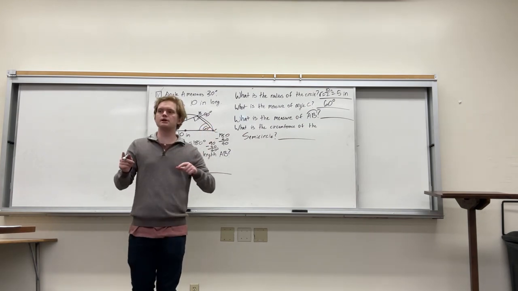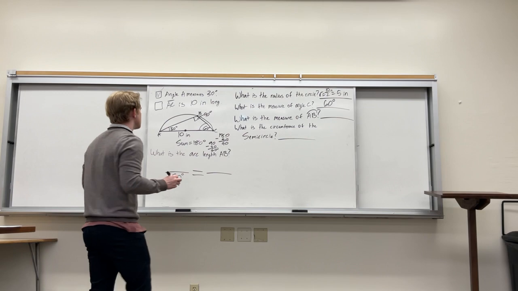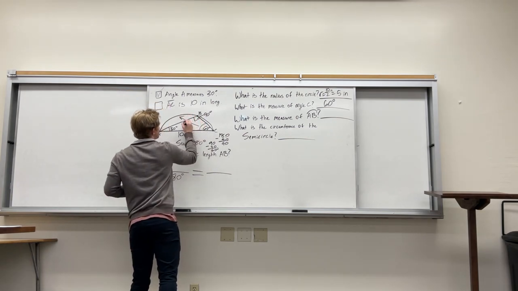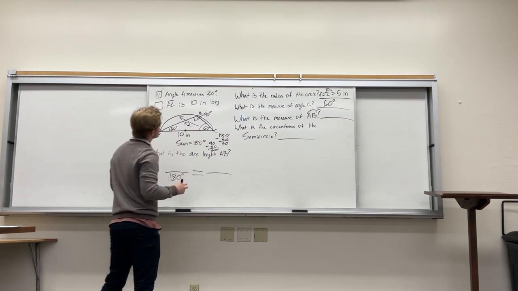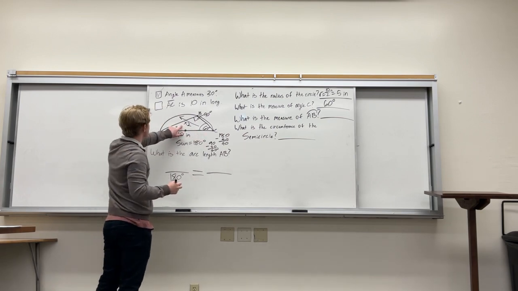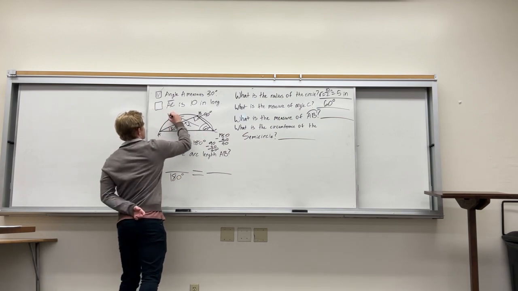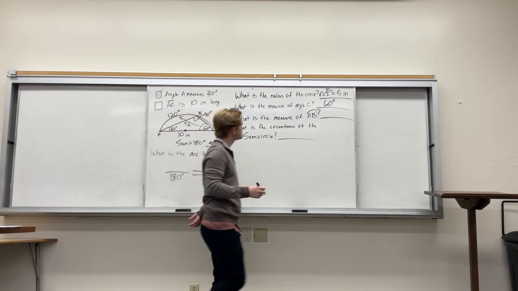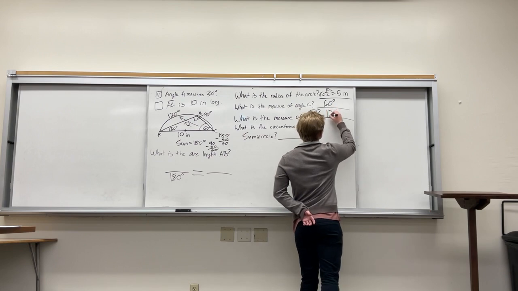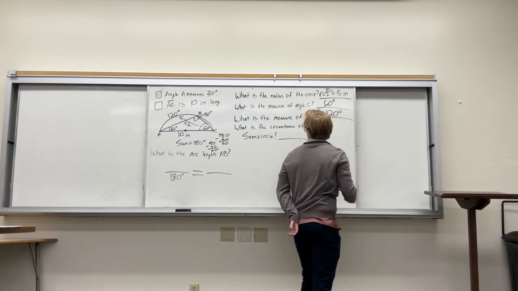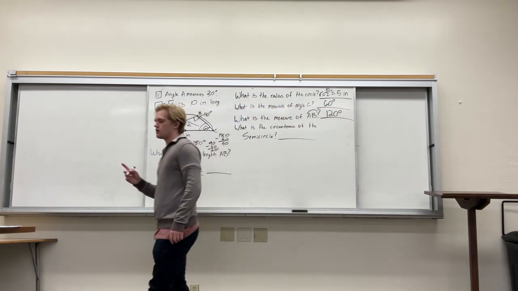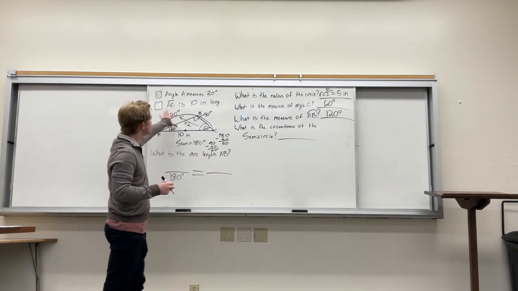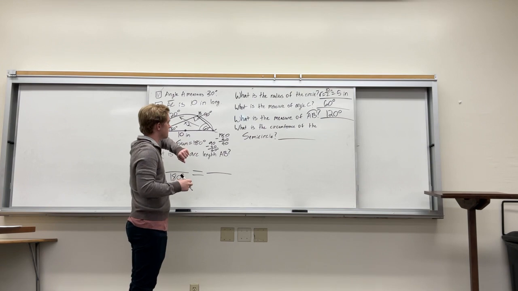And an inscribed angle is half of its arc. So that means if we're trying to find the arc, we need to multiply by 2. So 60 times 2 will get us 120 degrees. So we know that the measurement of arc AB is 120 degrees of the entire semicircle.